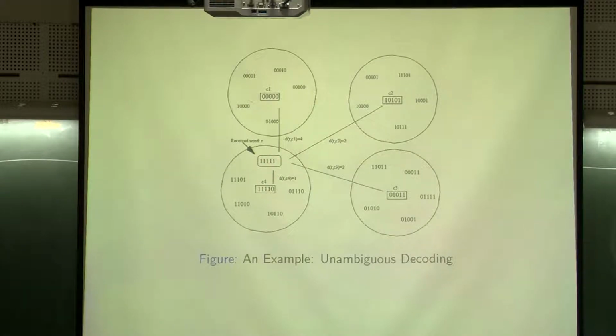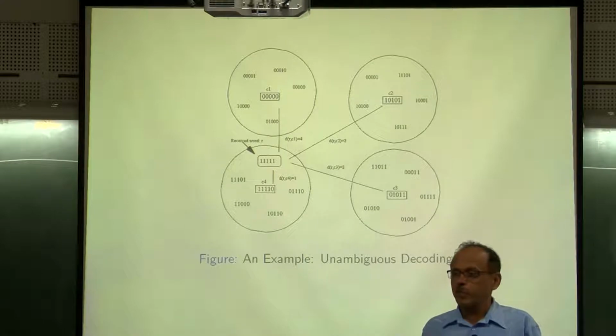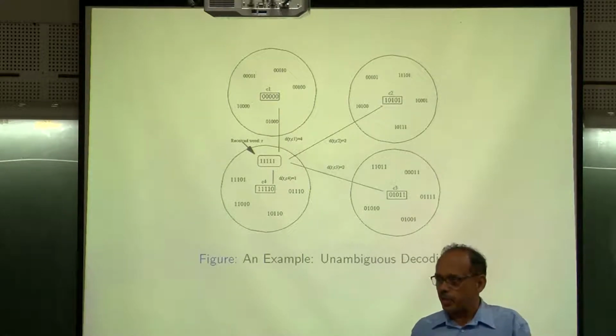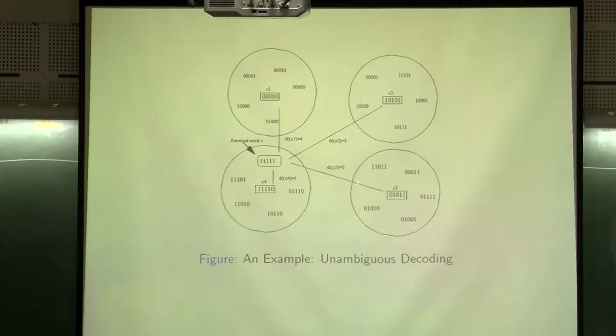So by choosing this way the decoding will be unambiguous, assuming that a single error is most likely to have occurred, because the probability of 1 error happening is much higher than the probability of 2 errors or even 4 errors happening. So you can decode it. This is an example of an unambiguous decoding.